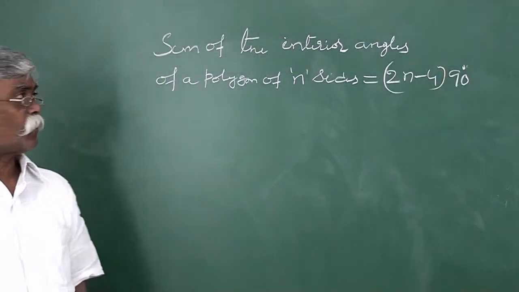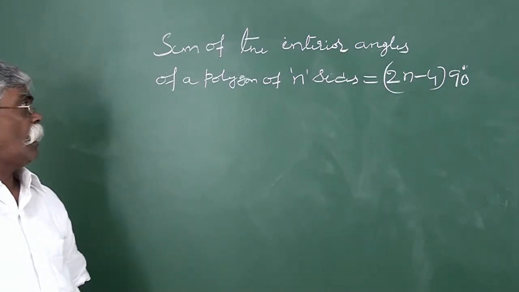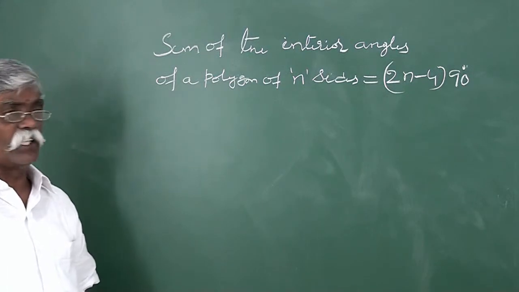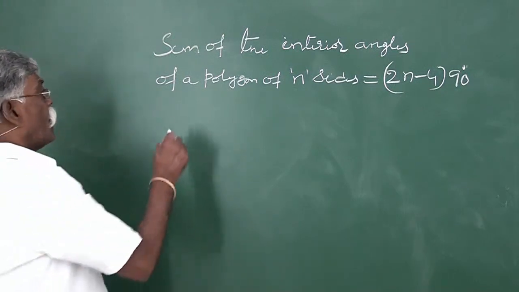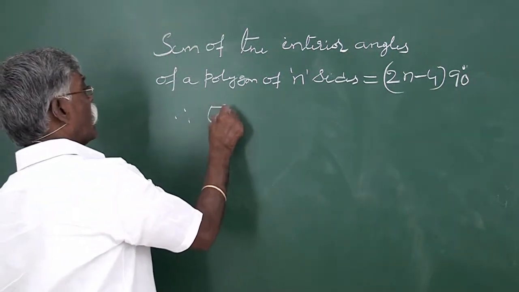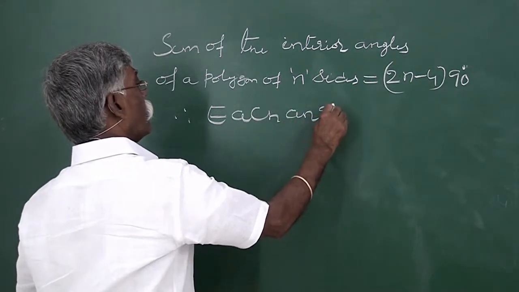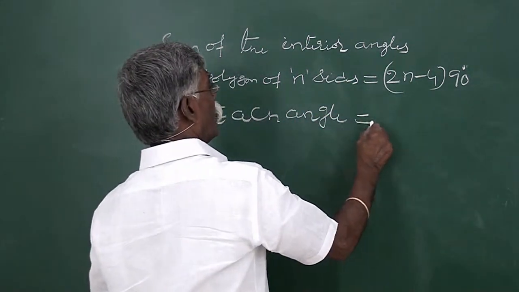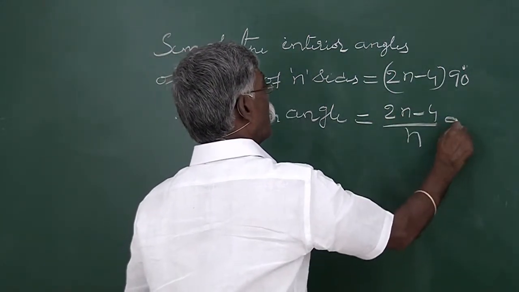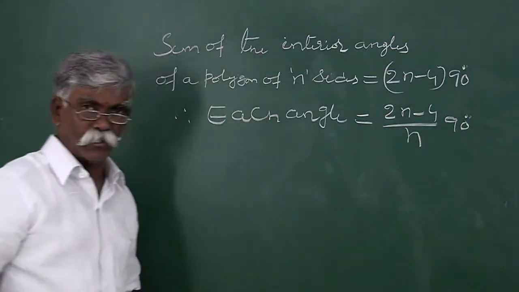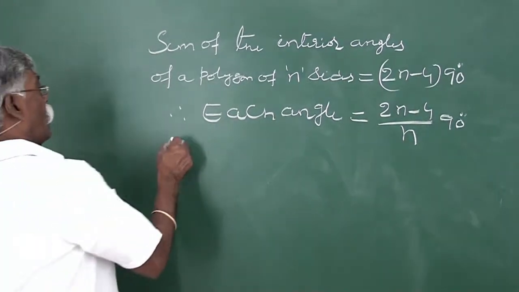This is an important point which we have to remember. Sum of the interior angles of a polygon of n sides is 2n minus 4 into 90. Therefore, each angle is equal to 2n minus 4 by n into 90 degrees. Now, we want each angle of the pentagon.